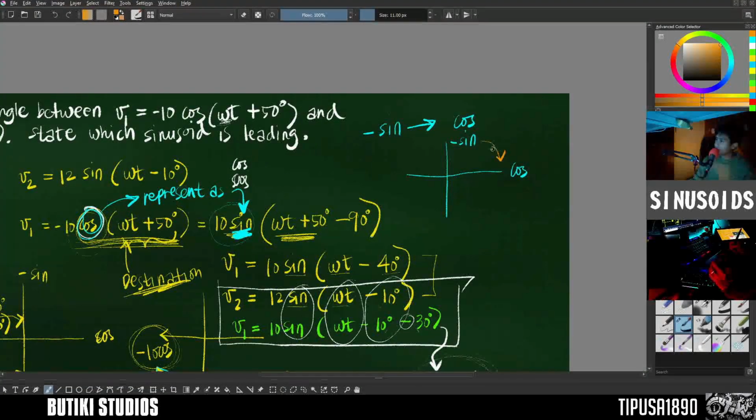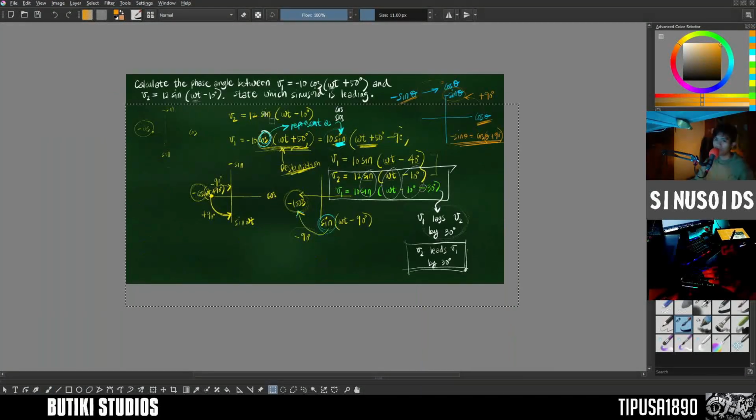So that will make it wrong. Instead, you should start from cosine and return to sine. You add 90 degrees to the cosine. So cosine omega t plus 90 degrees becomes negative sine omega t.